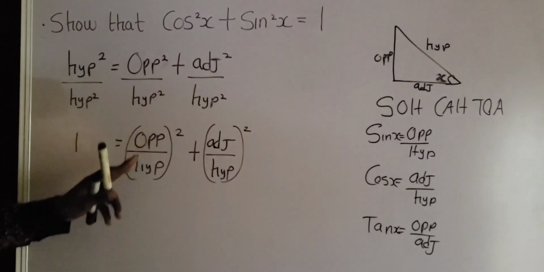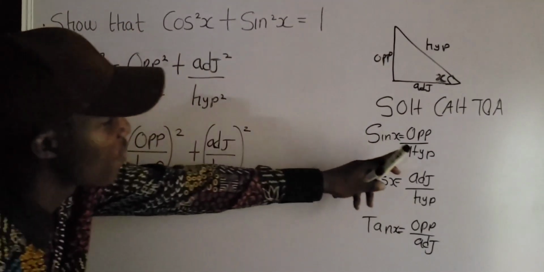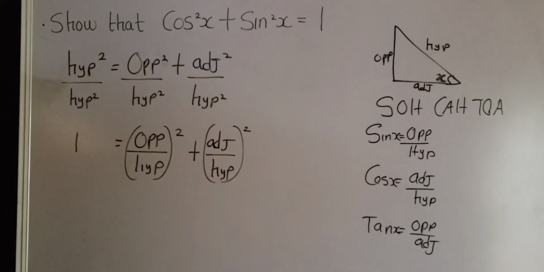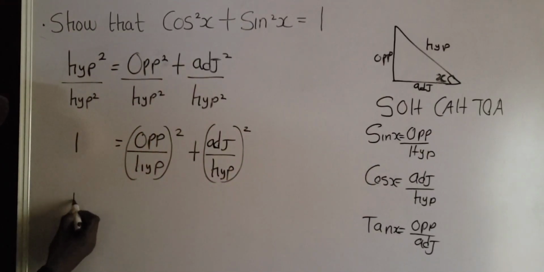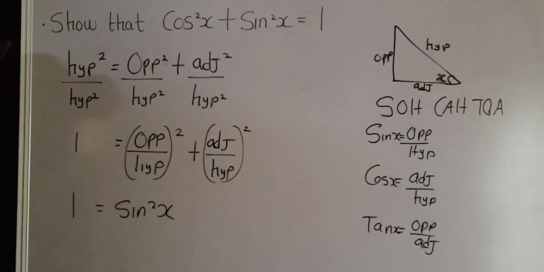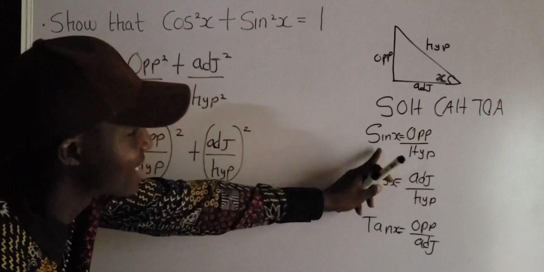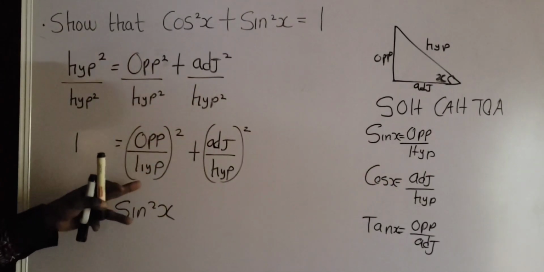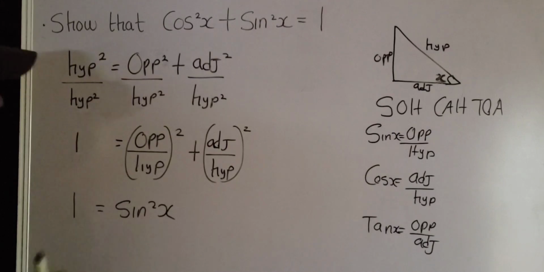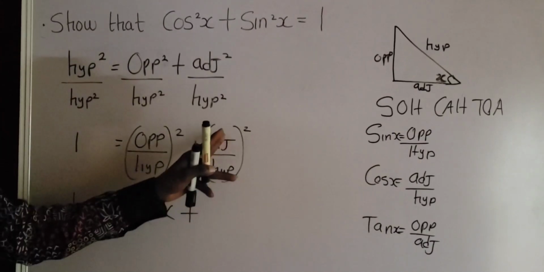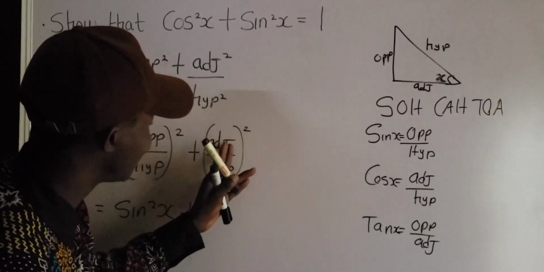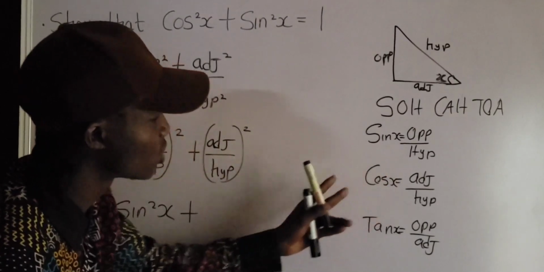Look at this. We have opposite over hypotenuse, squared. If opposite over hypotenuse is sine x, then opposite over hypotenuse squared is sine square x. So I'm going to have 1 is equal to sine square x plus adjacent over hypotenuse squared.